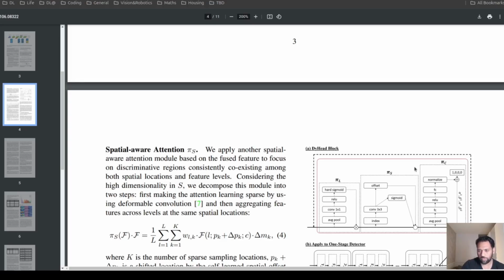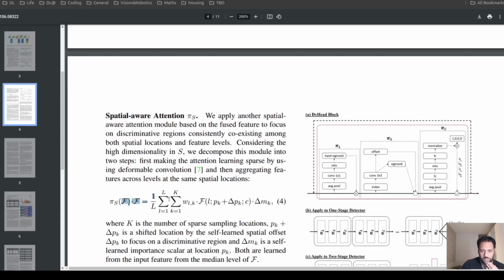Next we want to do spatial attention. Spatial attention is essentially we perform deformable convolution on each feature level, and then we take the mean across the level dimensions. Right? And this diagram is actually also showing this. So first we get the current feature level, we perform a 3x3 convolution, we get the offsets and sigmoid for deformable convolution.